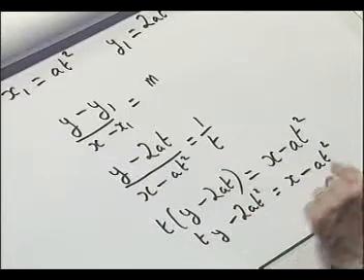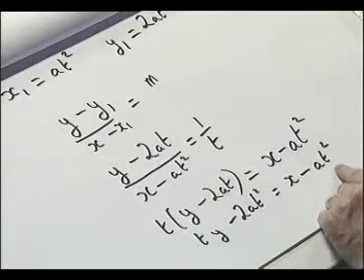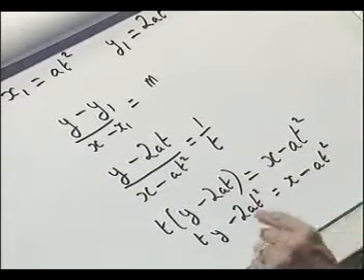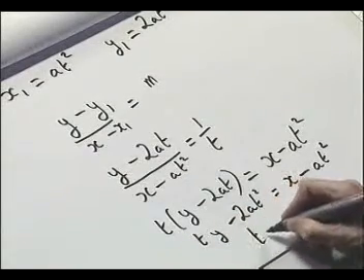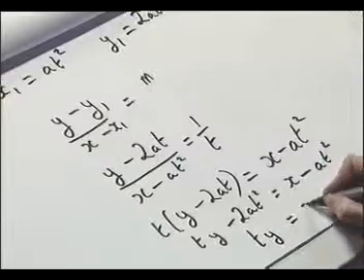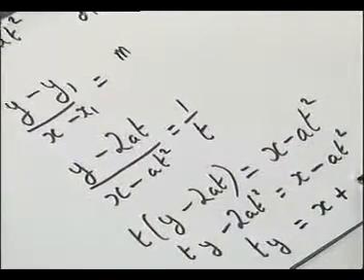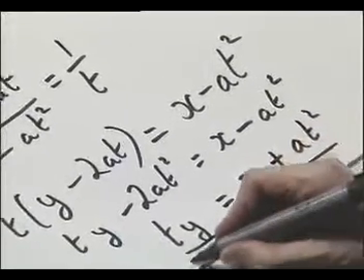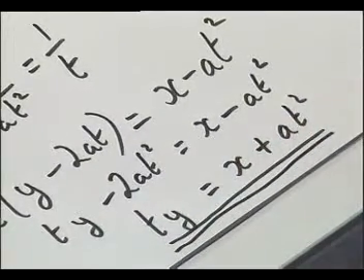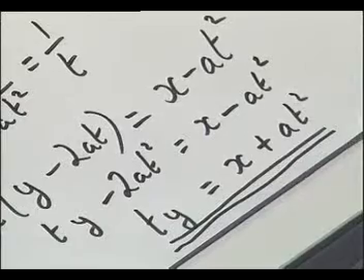So if I add 2at² to each side, I'll just have at² on this side, and this will just leave me with ty. So that's ty = x + at². And that's the equation of the tangent at the point P.